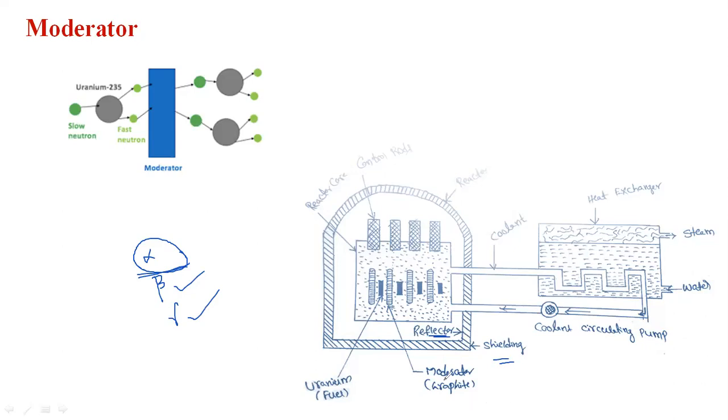Here, the material used in the moderator is graphite. In the reactor core, the material used is again graphite bricks. And the control rod material used is cadmium or boron.